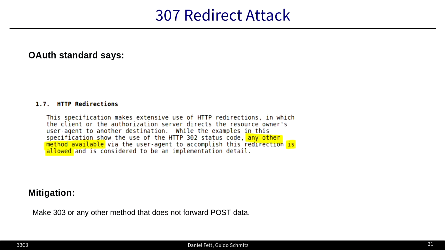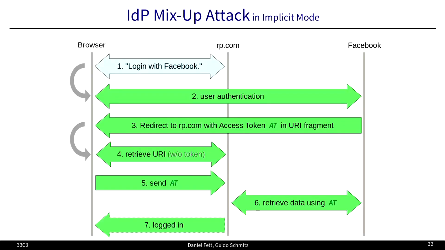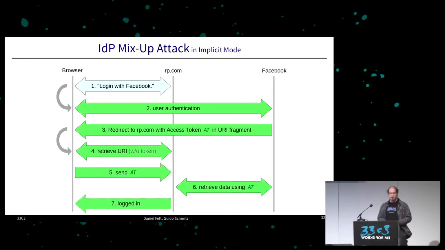And also the OAuth working group didn't think about this. So in their standard, they write, just use any method. And surely the mitigation here is don't use 307, use 303 instead. So the next attack is the identity provider mix-up attack. I will present this in implicit mode and only one variant of this attack.